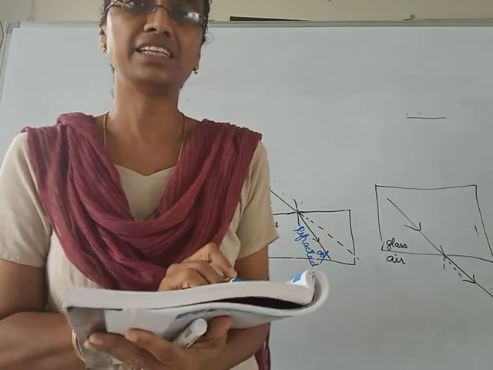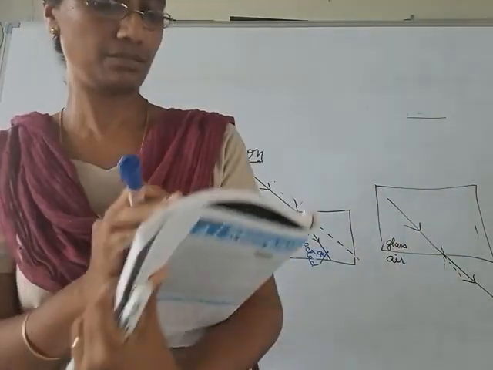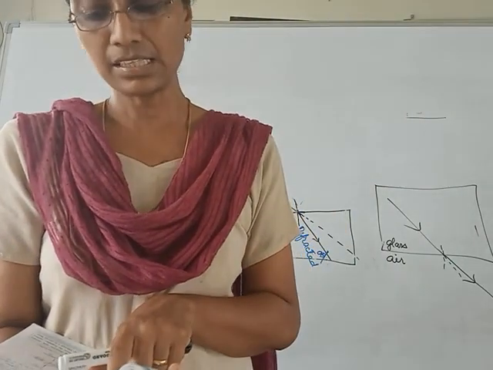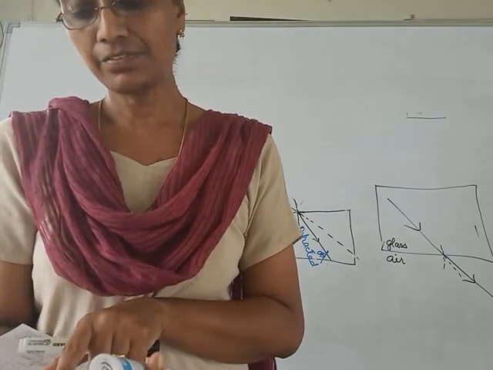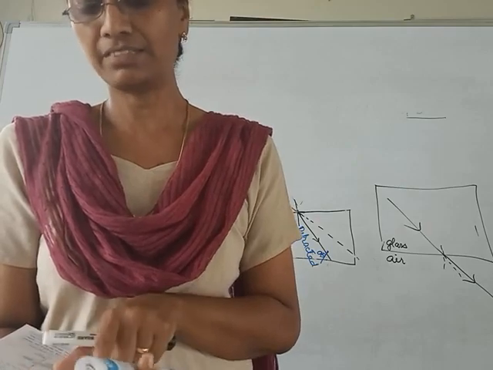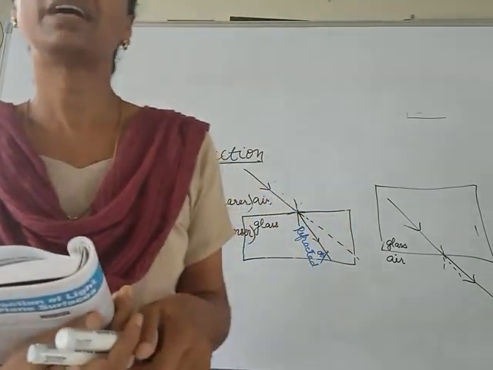So how do we define refraction? Can you see this in the block? The definition goes like this: the change in the direction of path of light when it passes from one transparent medium to another transparent medium is called refraction. So, change in the direction of the path of light.